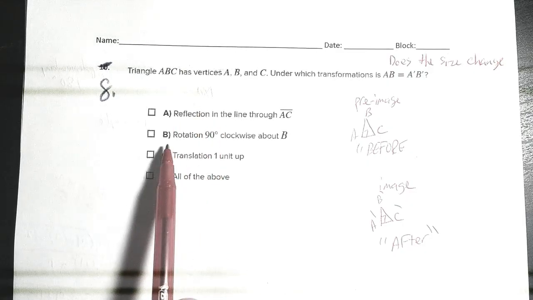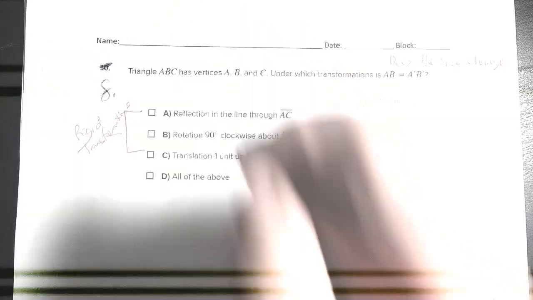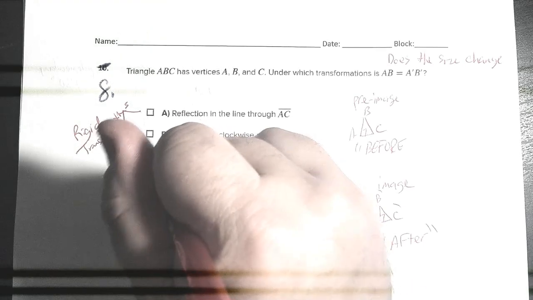So all these are moving. Those are rigid transformations. We learned at the beginning of 2-4 that rigid transformations always maintain the angle measure and the distance or the size. So this one's all of the above.